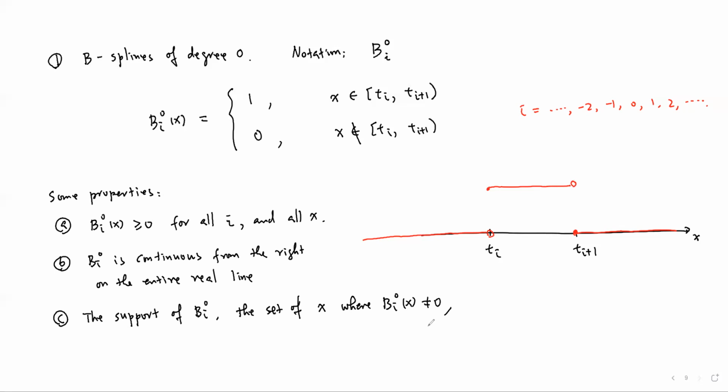This set is called the support of the function. The support of this function, from the diagram, is clearly the interval including t_i but not including t_{i+1}. Only over this interval is the function non-zero, and it is 0 for any other x value.